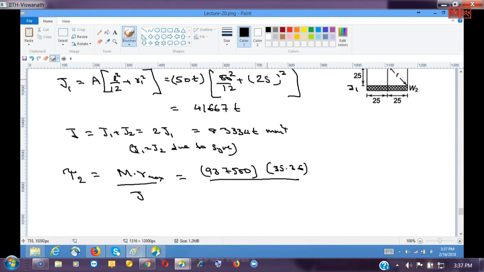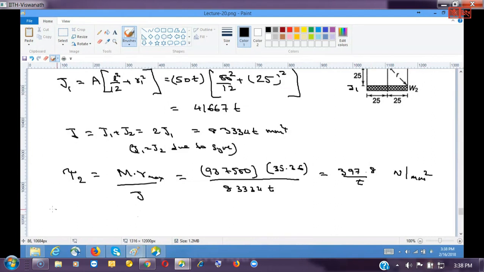So J is 83334 times T, so it happens to be 397.8 T Newton per mm square.